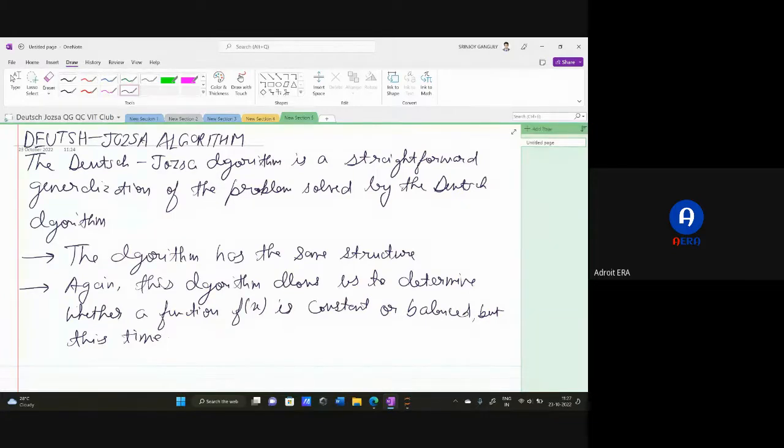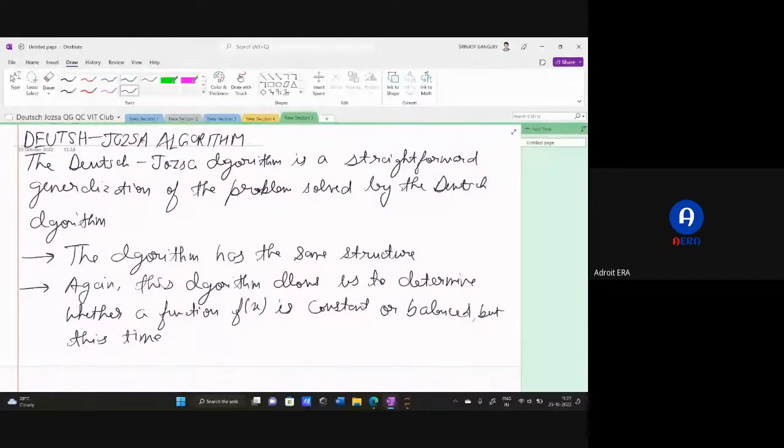In the Deutsch algorithm case, and this is the important point, we were not having multiple input values. We were having only one input value, and the second qubit was a supporting qubit, helping us in quantum interference and parallelism, etc. Here also we will have that one qubit which will support all the other multiple qubits.